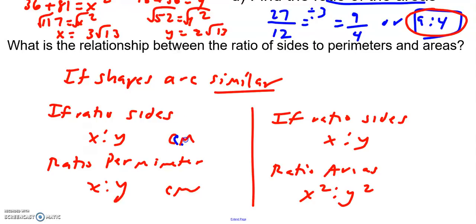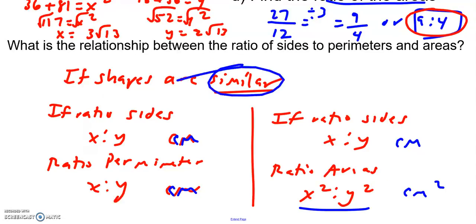With perimeter, when we had centimeters for the sides, we had centimeters for the perimeter. But if we had centimeters for the sides when we're trying to find area, my unit ended up being centimeters squared. So it makes sense that my ratio of my areas would be squared to squared. But this is only true if your shapes are similar.